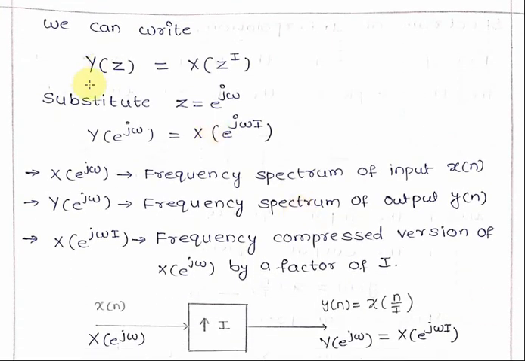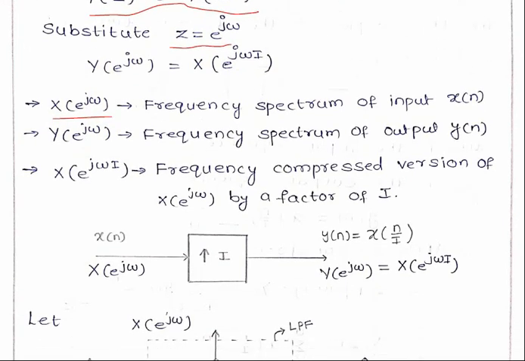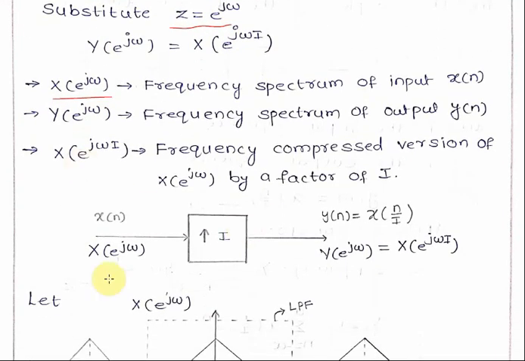Y of z is equal to x of z power I. We know z is equal to e power j omega. Y of e power j omega is equal to x of e power j omega I. X of e power j omega is the frequency spectrum of input signal x of n.